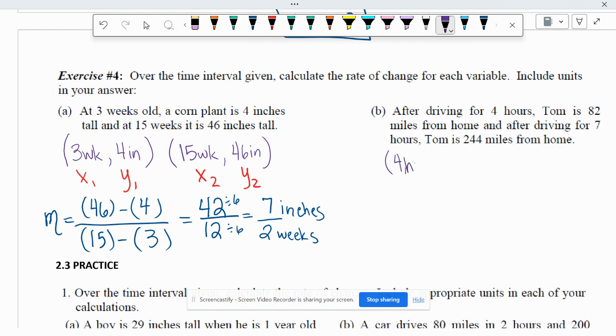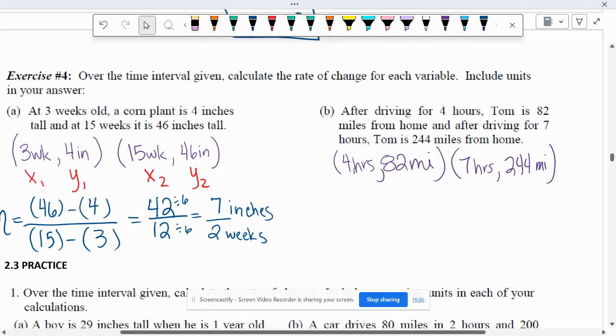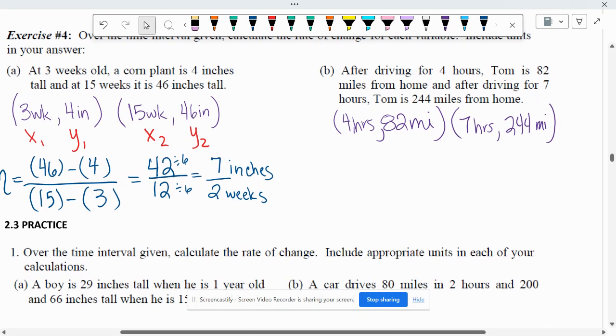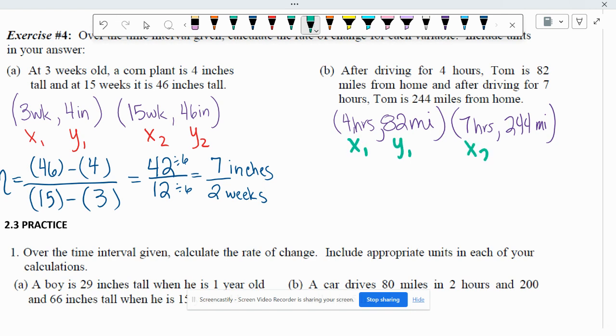4 hours, 82 miles. Okay, and the second one? Good job. So 4 hours, 82 miles, 7 hours, 244 miles. X sub 1, Y sub 1, X sub 2, Y sub 2.